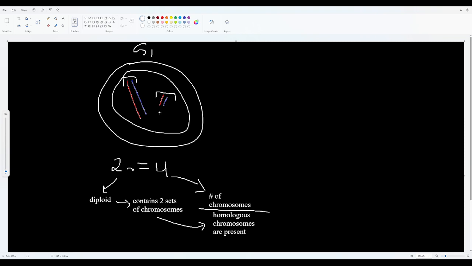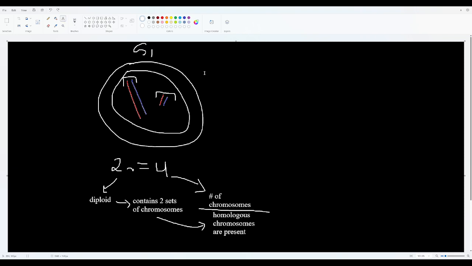So why this is important is because later on we're going to see the genetic variation that comes into play and how mom's chromosomes can go into one cell and dad's can go into another, right? But we notice these lengths are similar, right? So both of these chromosomes contain the same genes, just like this one. These contain the same genes. They're of similar length.